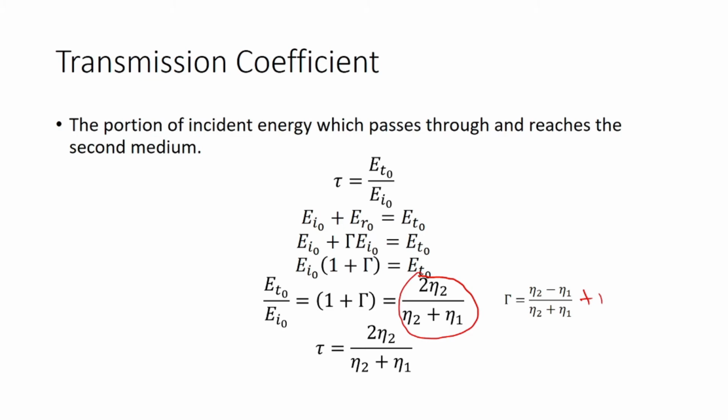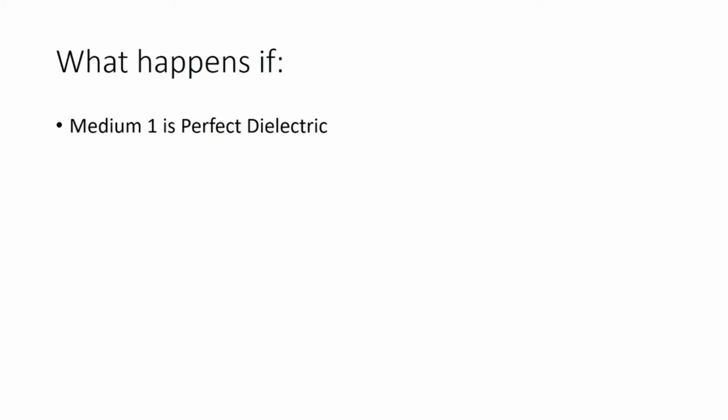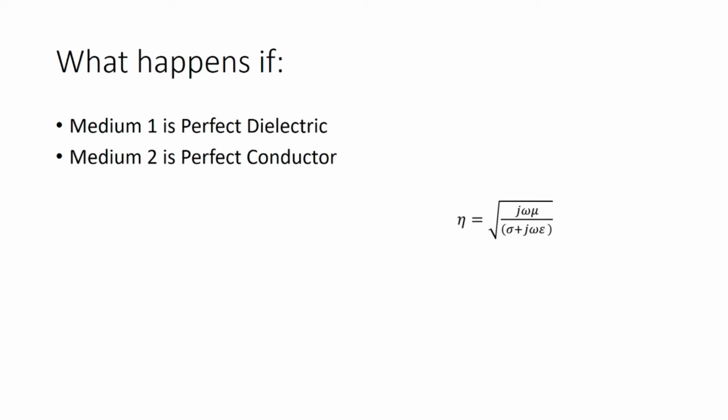Let us see what would happen if medium 1 is a perfect dielectric and medium 2 is a perfect conductor. We know that eta equals root over j omega mu by sigma plus j omega epsilon. If it is a perfect dielectric, then it does not conduct, so sigma equals 0.